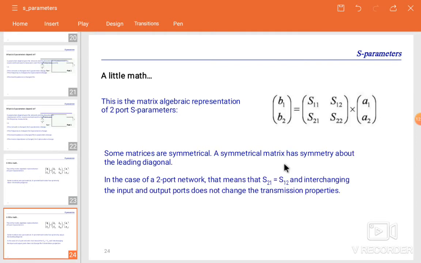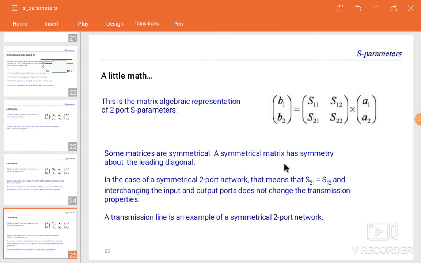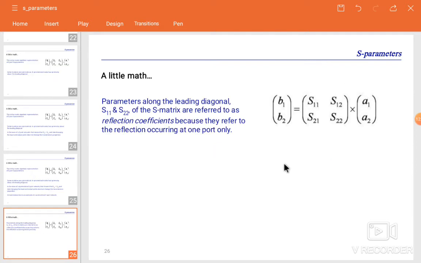In the case of a two-port network, that means that S21 is equal to S12, and interchanging the input and output ports does not change the transmission properties. A transmission line is an example of a symmetrical two-port network.